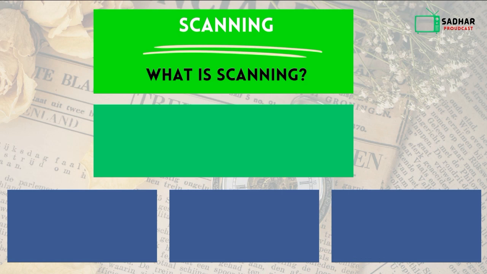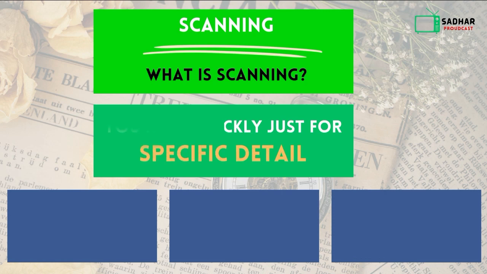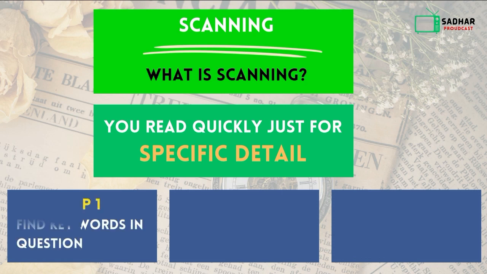The next one is about scanning. So what is scanning? You read quickly just for specific details. And there are 3 steps. The first step is you find the keywords in the question. So we go to the questions and find out the keywords.